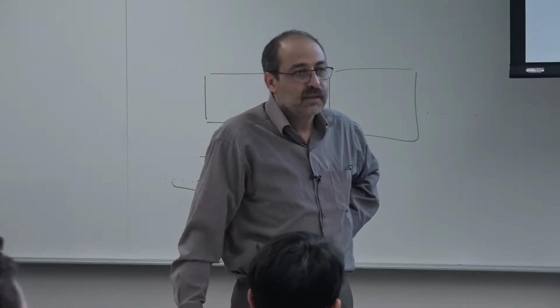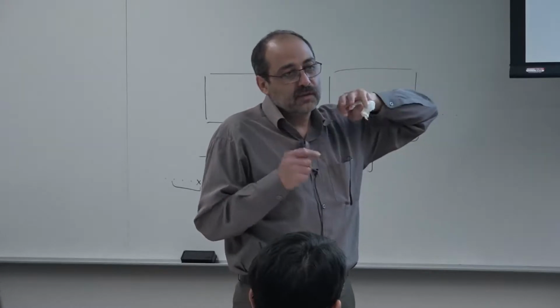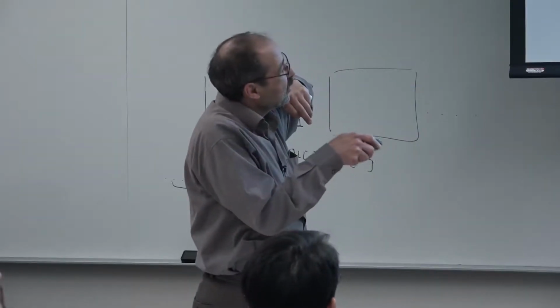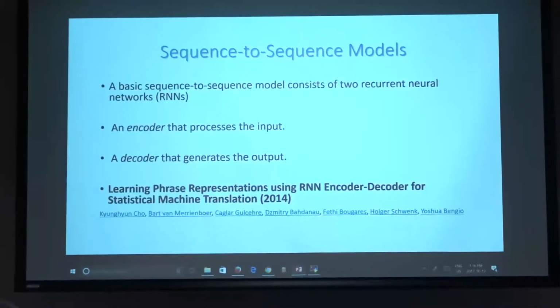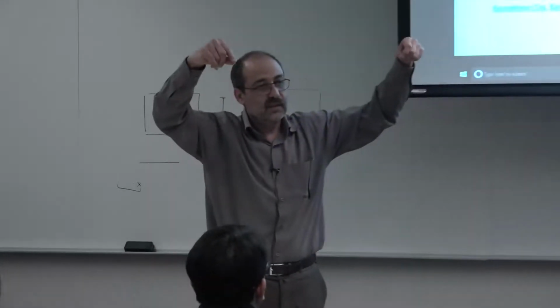No, it's not compressing. That's the way that you train it. First of all, it's the simplest model, introduced in this paper, what I explained. There are things that have been added to this, like the attention model, that if we have time, we'll talk about later on in the course. But it's basically how you train your model. You decide that each sentence is going to be mapped to this d-dimensional vector space, right?